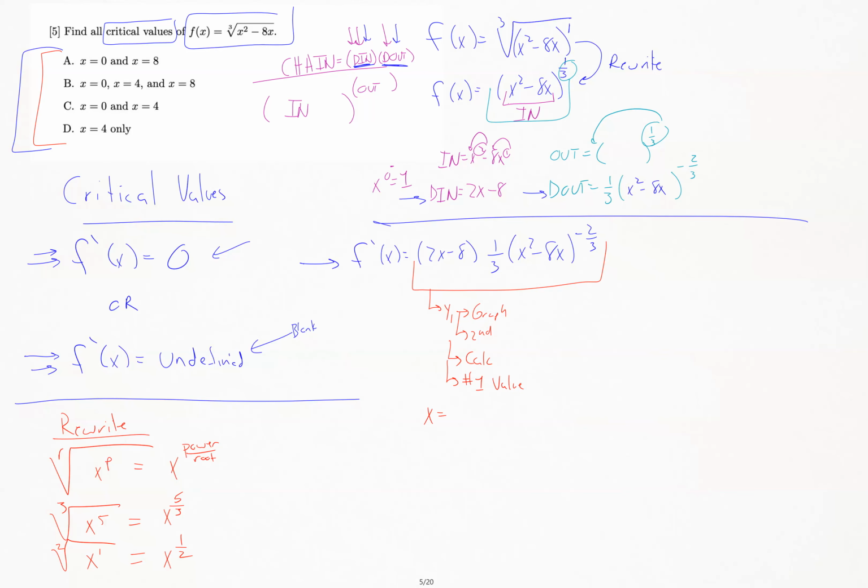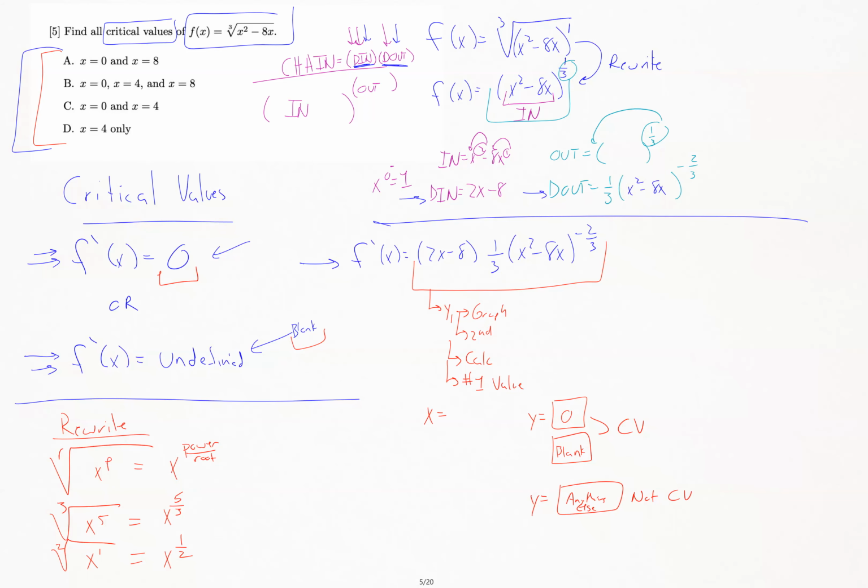If the y value comes out as either a 0 or it comes back as a blank, there's nothing in there, then that tells me that I have a critical value. If y equals anything else, then we know that this is not a critical value.